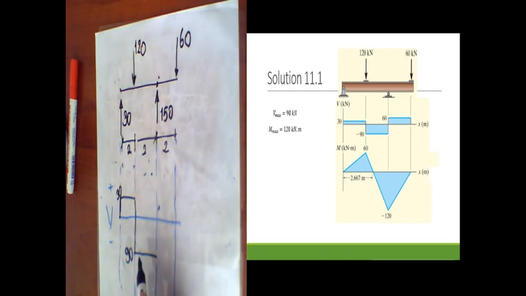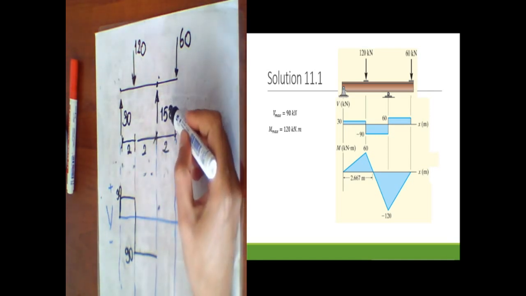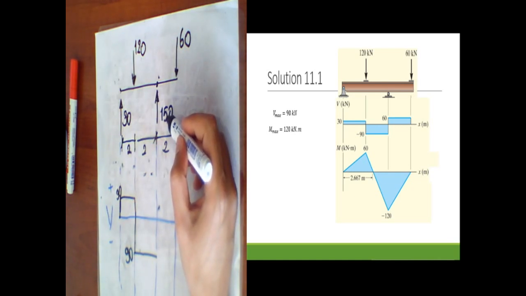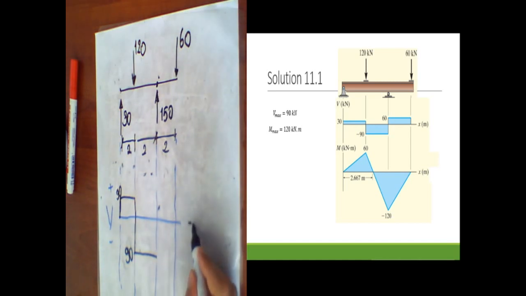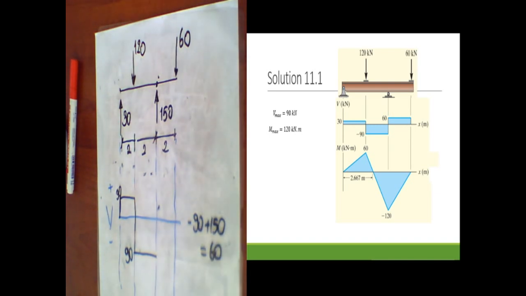90 continues from this point to point B, and on point B we have a force of 150 in the up direction. Therefore I apply minus 90 plus 150. I obtain positive 60.